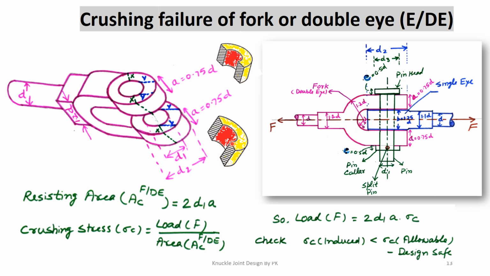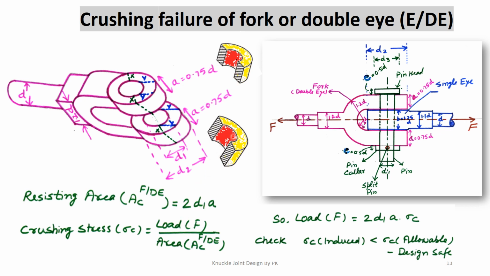So the total area which is resisting crushing is twice times d1 into a. The resisting area A_cf, F being for fork or double eye, is twice times d1 into a, because d1 into a is the projected area of this curved portion whose internal diameter is d1 and whose height is a.